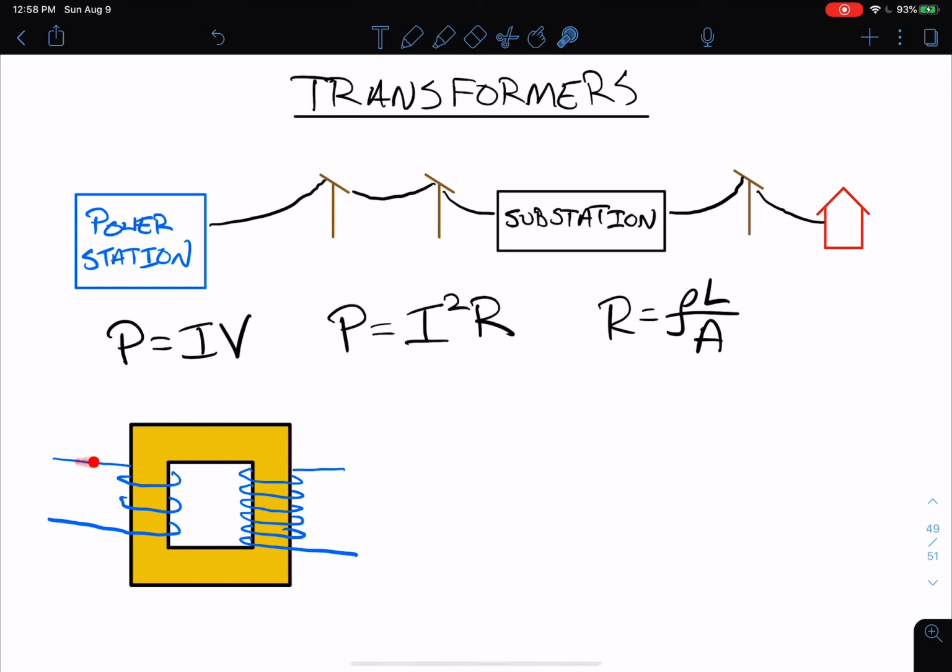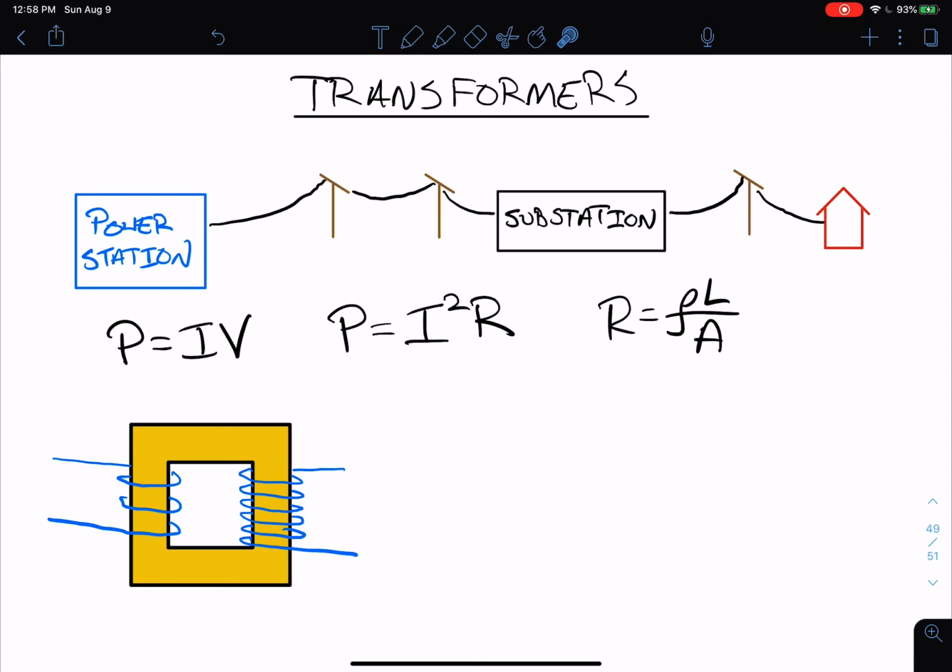So the electrons that are in these wires, they're oscillating. That means the current is changing. So there is a current, a magnetic field is created, but because the current is changing, the magnetic field is constantly changing. That means the flux is constantly changing, and that means a current will be induced over here in the other set of coils, the other loops.